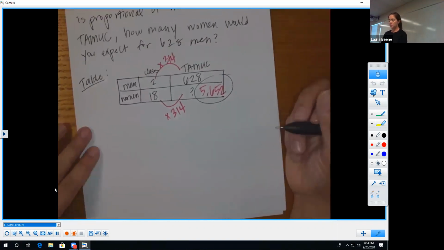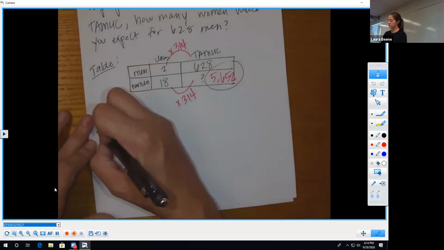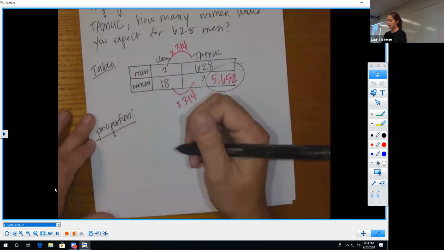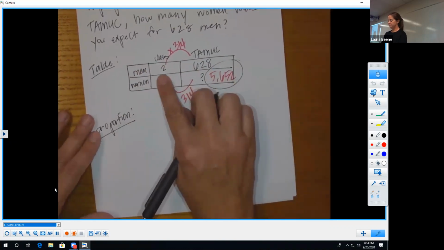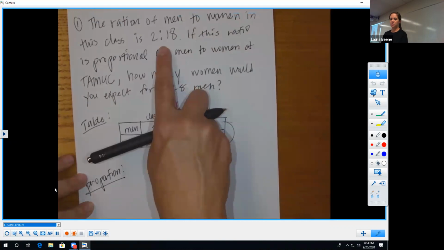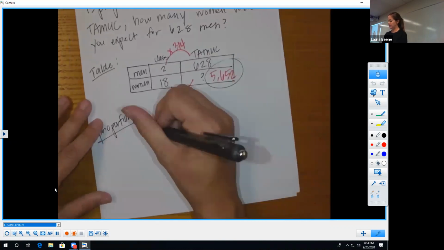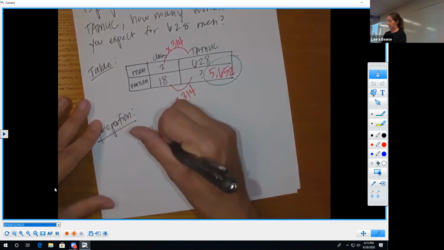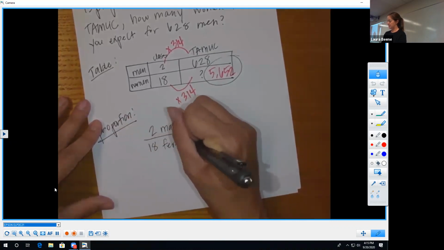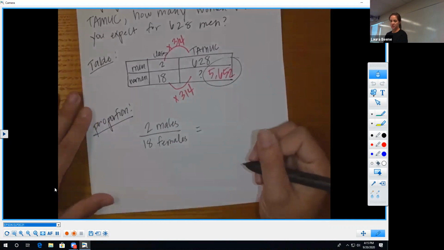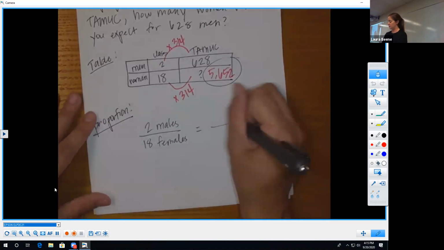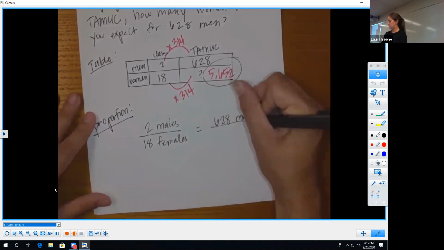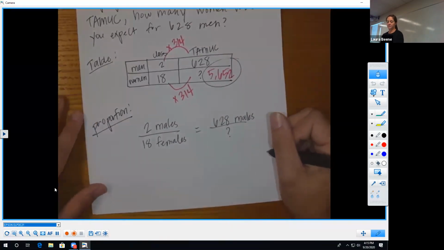If you wanted to use just a proportion to do it, we are going to do it with the same proportional reasoning. So again, they gave me the information that 2 males to every 18 females. So we're going to say 2 males to every 18 females. And that fraction, or that ratio, is equivalent to the ratio of 628 males to how many females here?